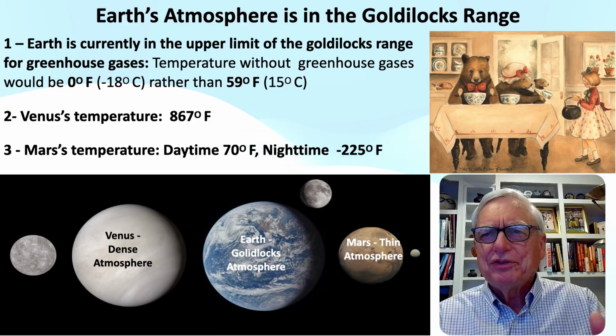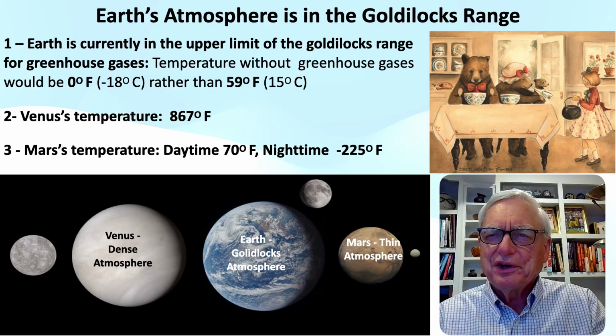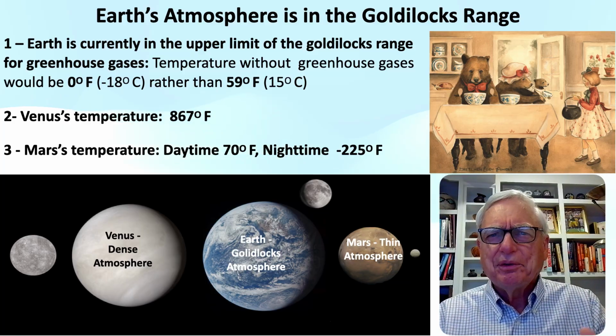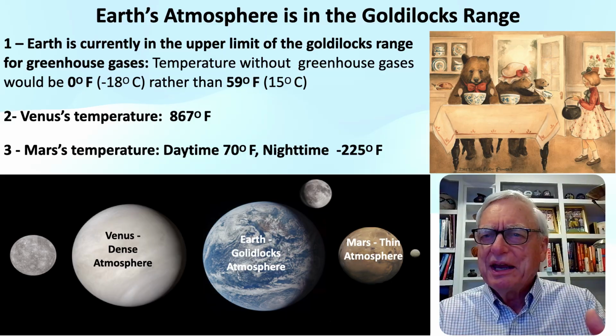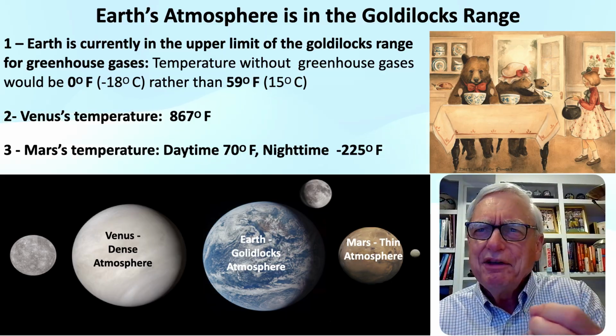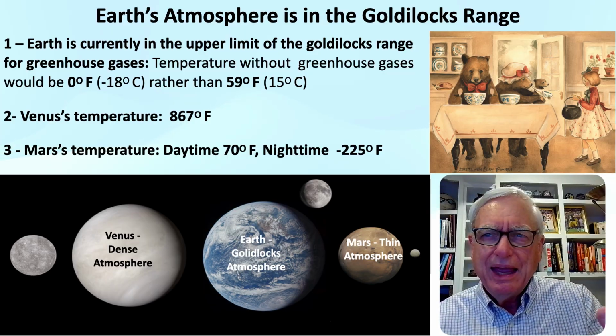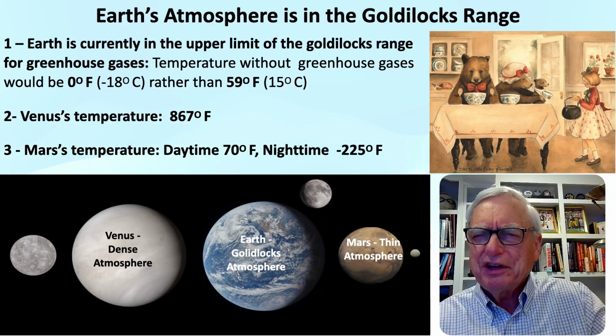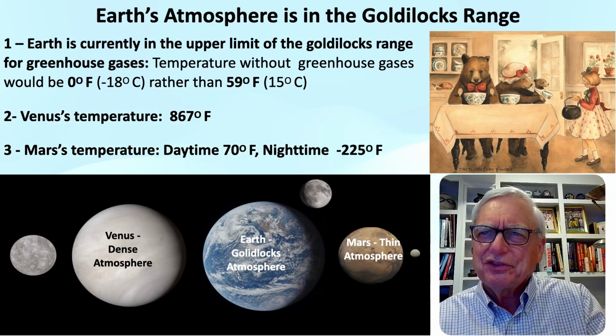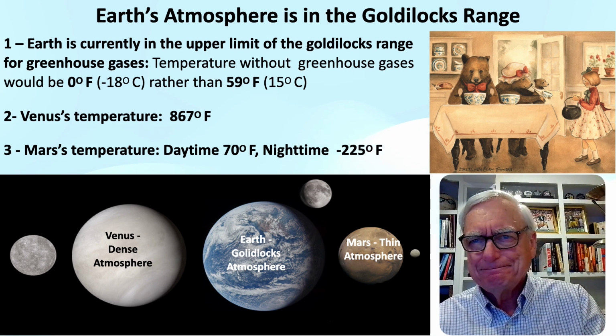Now, what happens if we get too much greenhouse gas in our atmosphere? I think we have some excellent examples in our neighboring planets. Venus has a very, very dense atmosphere, and as a result, the temperature stays pretty much the same at 867 degrees Fahrenheit.